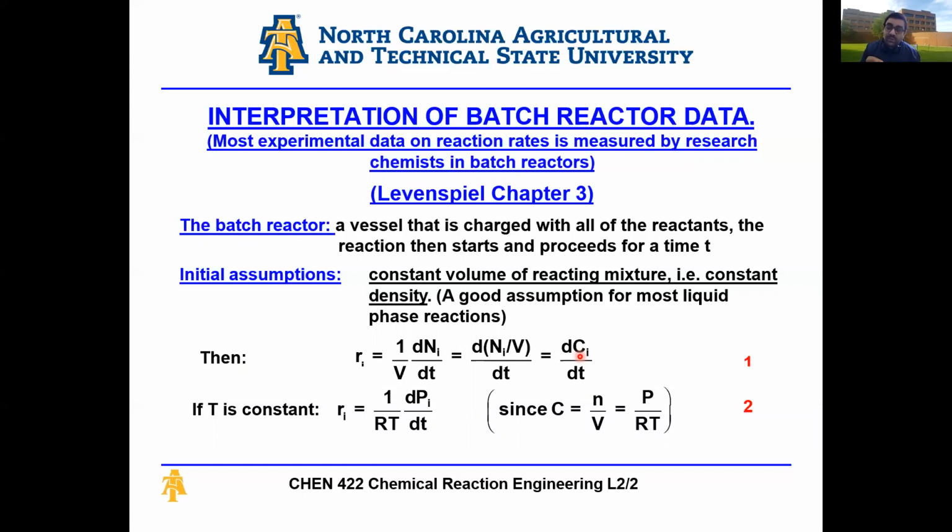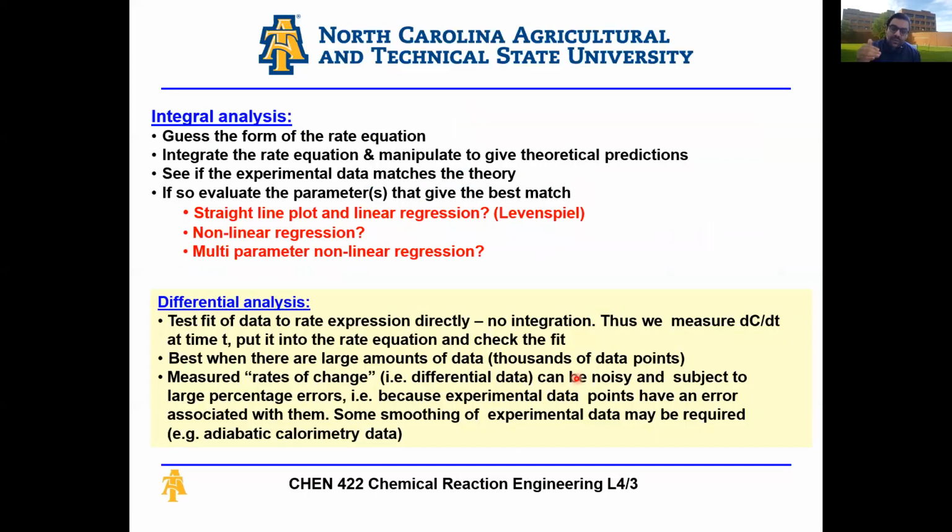The second method is called differential analysis, where I'm directly comparing my experimental data to the differential form. So I'm converting my experimental data to a dC by dt format by plotting and calculating the slopes, and then comparing the slopes to this dC by dt expression. In this course, in this chapter, we're only dealing with integral analysis. Differential analysis is something you can pick up by experience, and there's not much to it.